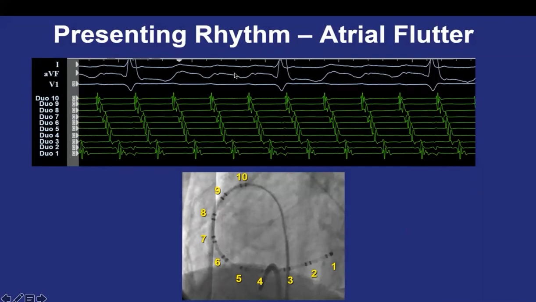Without seeing the intracardiac recordings, would you be able to say this is counterclockwise? Yes, the atrial activity is negative, up and then down. You can say that. So that goes more with counterclockwise. Why does counterclockwise give you negative P waves, and why not positive?